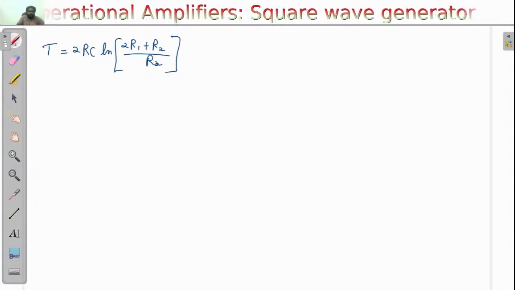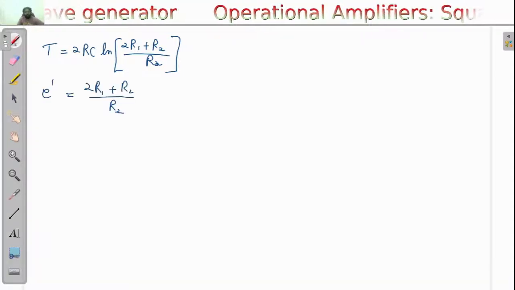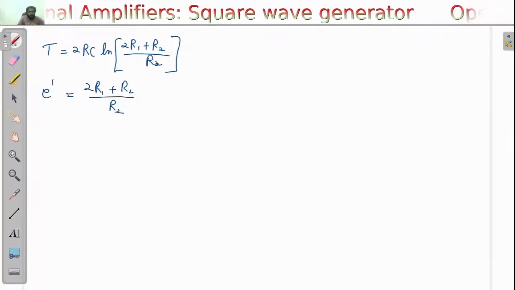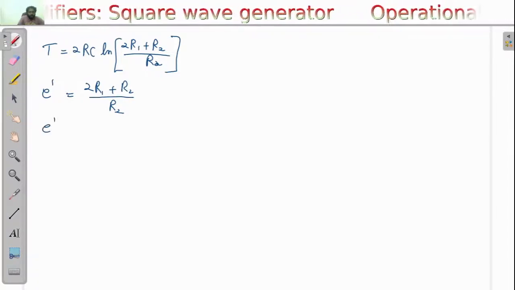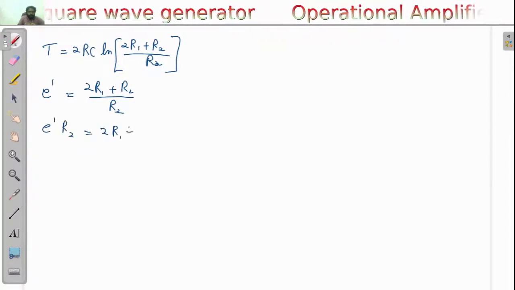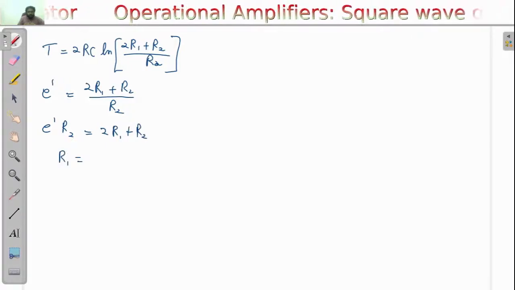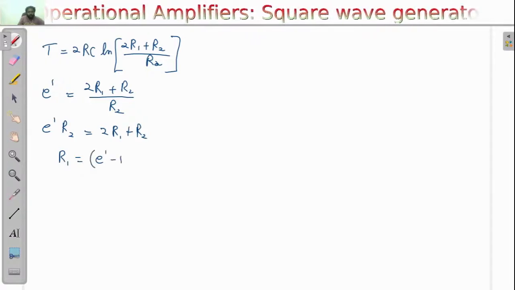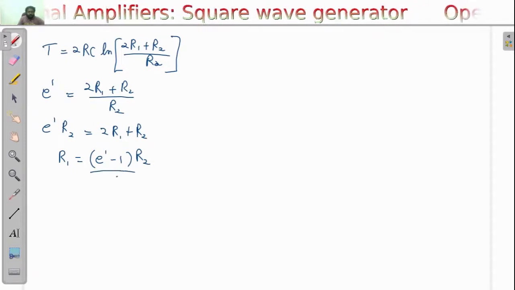Now imagine if the thing inside the brackets here is equal to e raised to 1. Now we can just take R2 to the other side, so it will be e raised to 1 times R2 equal to 2R1 plus R2. It's like R1 is equal to (e raised to 1 minus 1) R2 divided by 2.